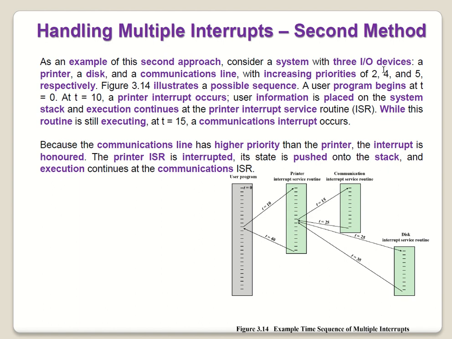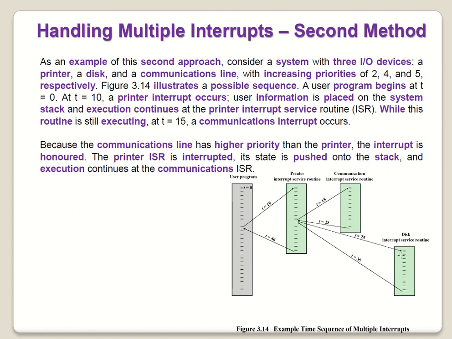The printer priority is 2. The new request, the disk, is 4. Higher the number, higher the priority. So what to do? Go and serve the disk interrupt service routine. The CPU suspends the printer execution and jumps to the disk routine.